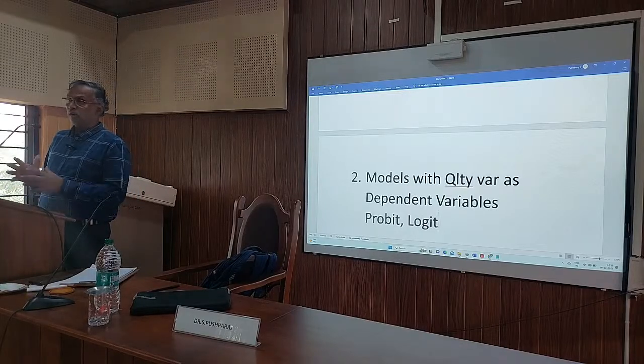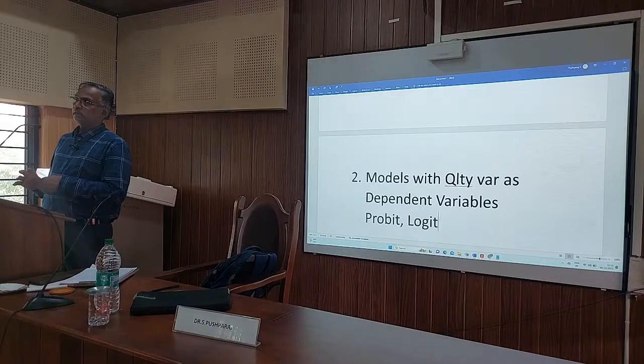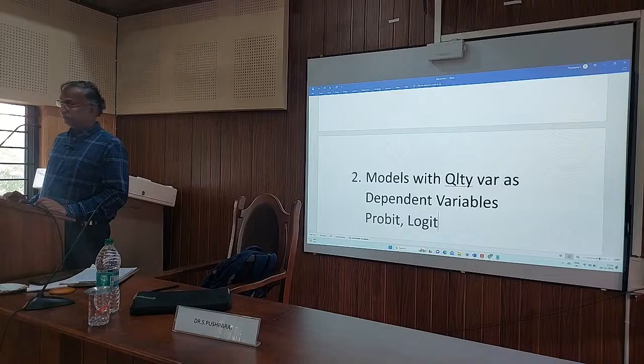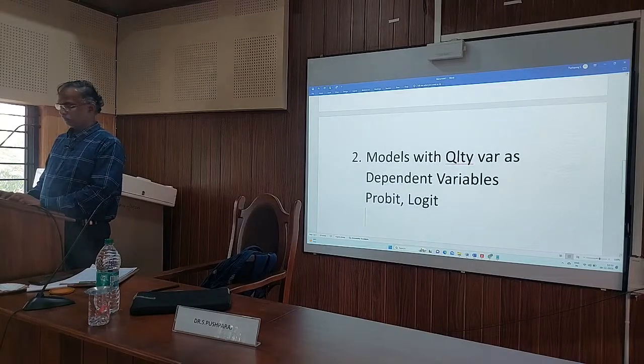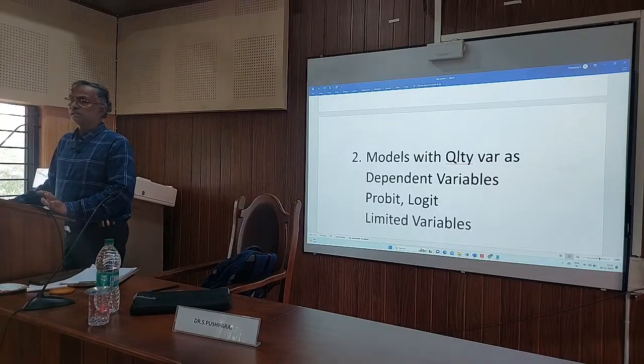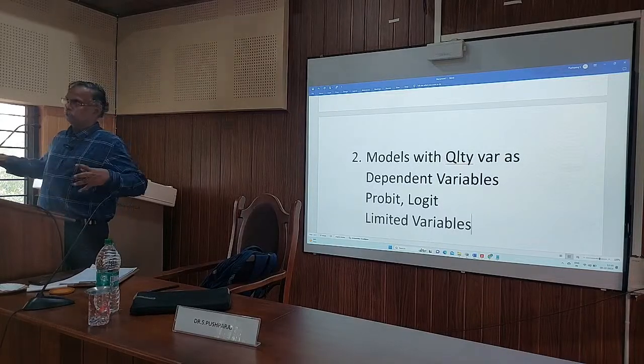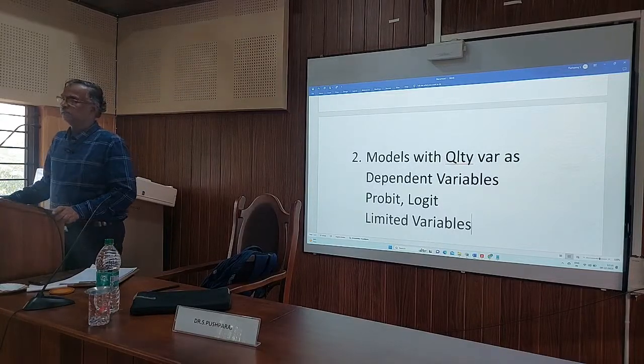In this one, of late people don't call them qualitative variables. Sometimes they say limited variables. So sometimes the whole range of the variable will not be taken.